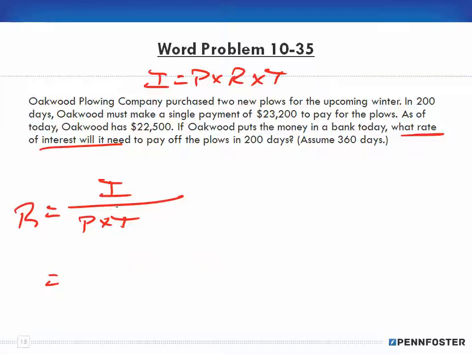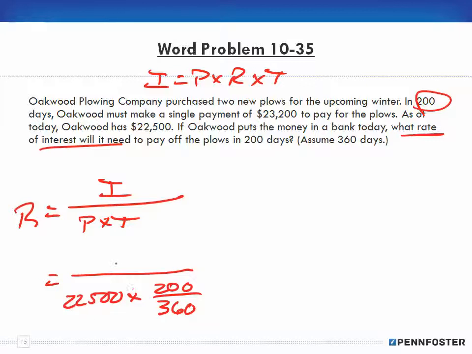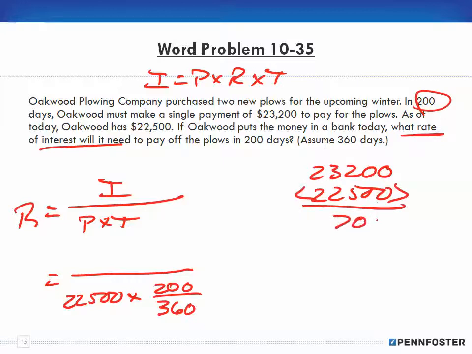We have a principal of 22,500, and we know that he's going to put that 22,500 in the bank for 200 days, and we're using the ordinary method of 360 days. So the question becomes, how much in interest? Well, if I need to get 23,200 and I already have 22,500, I subtract one from the other and I get $700 is what I need to collect in interest.